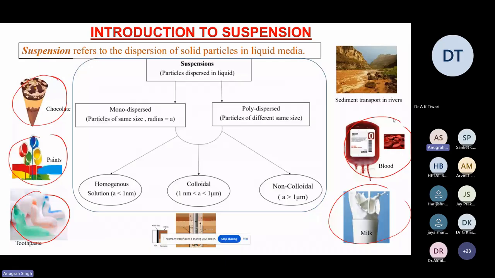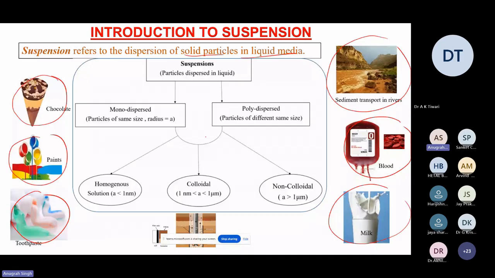Then of course in nature also we see slurry transport or sediment transport in rivers. So though suspension is basically dispersion of one phase into another, in this case what we refer to is solid particles in liquid media. And again, you can change the particle, you can change the liquid, and you can have various types of suspension.